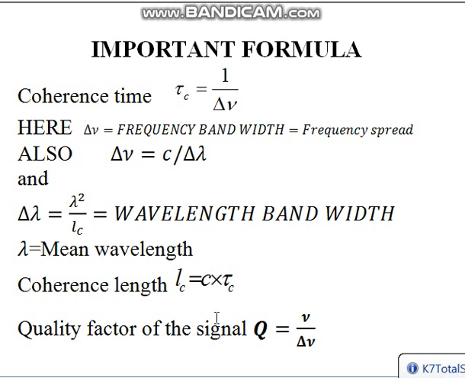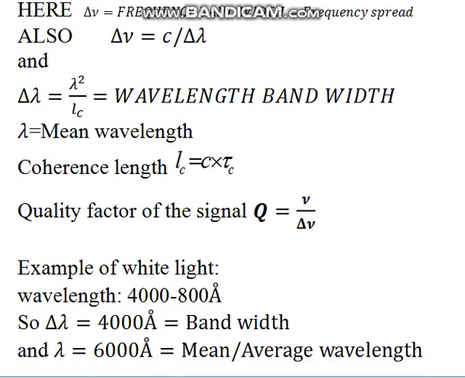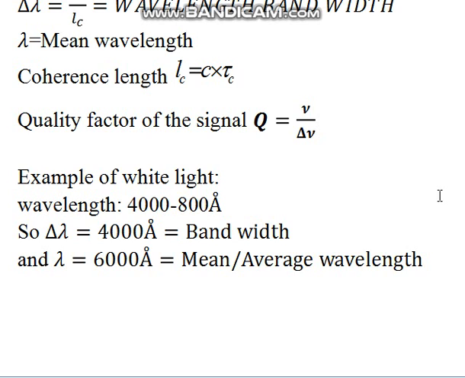The quality factor gives the quality of the signal, and it is given by the mean frequency divided by the frequency bandwidth. We already discussed this in the previous video lesson.